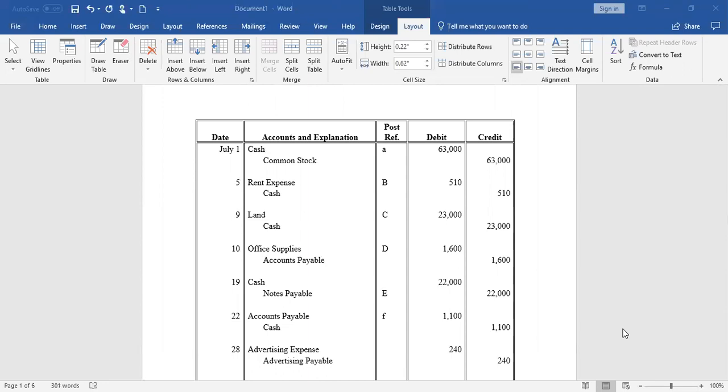So advertising expense must be increased to reflect that we had this expense. We're not paying it today. We're going to pay it next month. And this company has its own liability account to track any advertising amounts they owe. So they keep track of it in the liability account, advertising payable. So they'll be crediting or increasing that liability account. Now, if they didn't have advertising payable, they would have just used accounts payable.